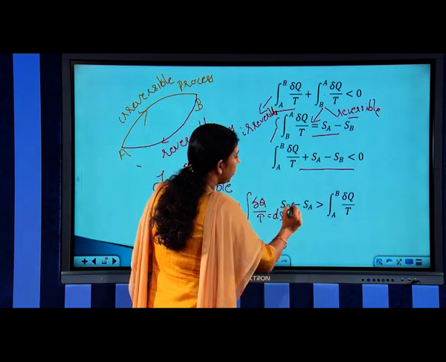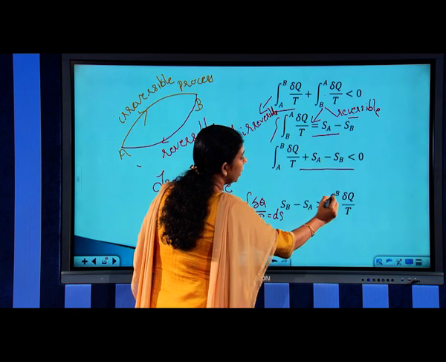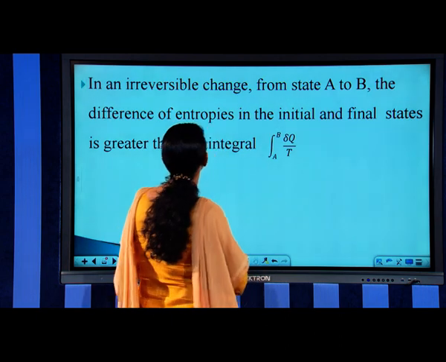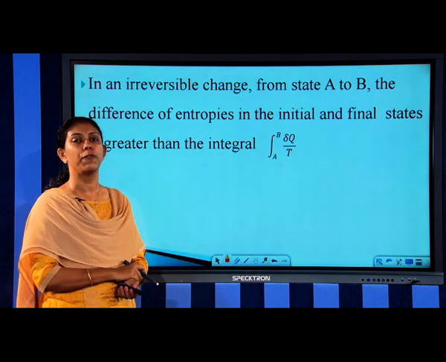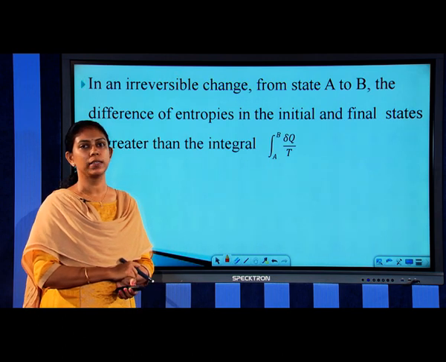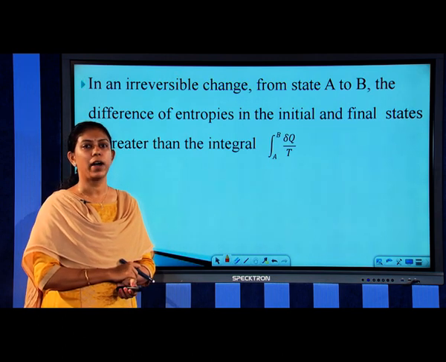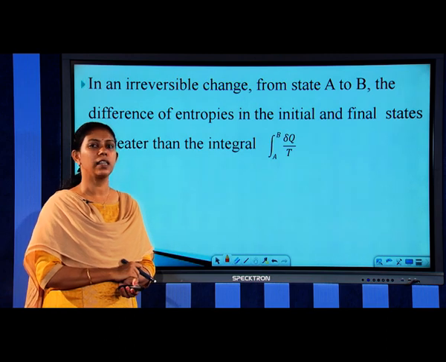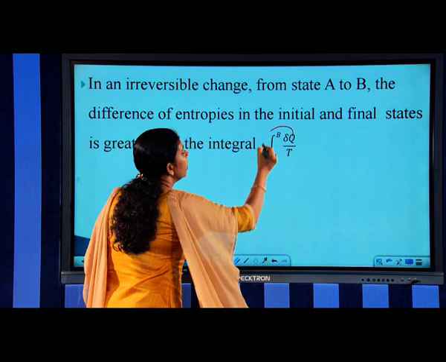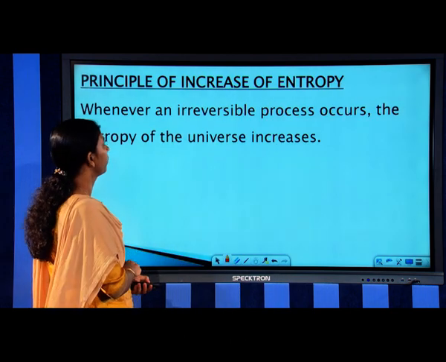That is, SB minus SA is greater than the integral from A to B of delta Q by T. In an irreversible change from state A to B, the difference of the entropies in the initial and final states is greater than the integral from A to B of delta Q by T.